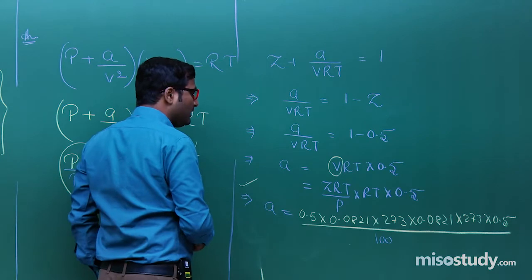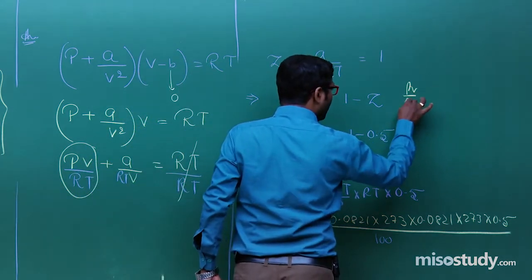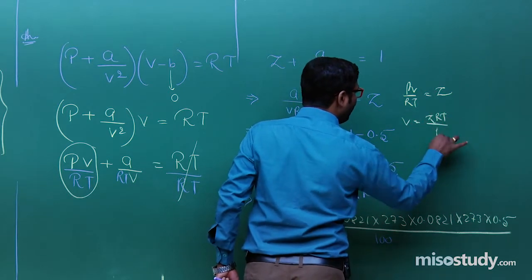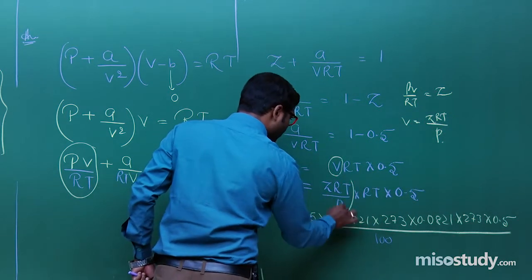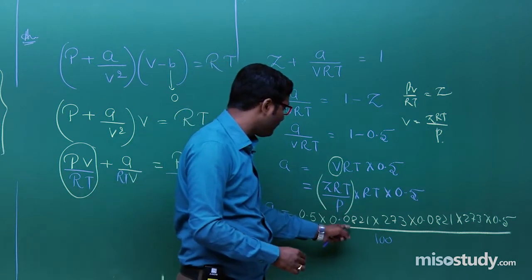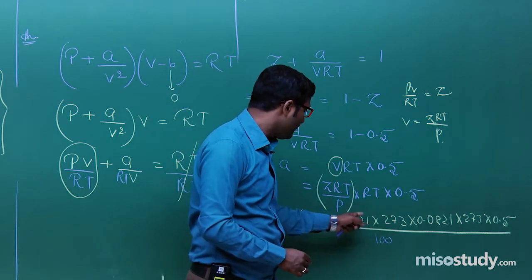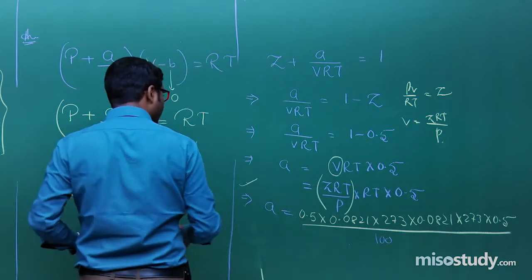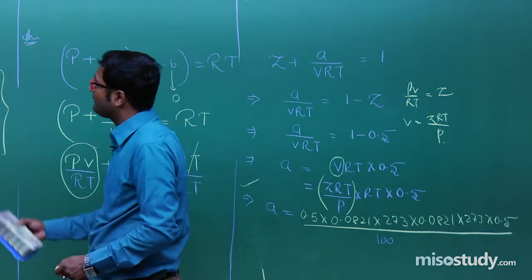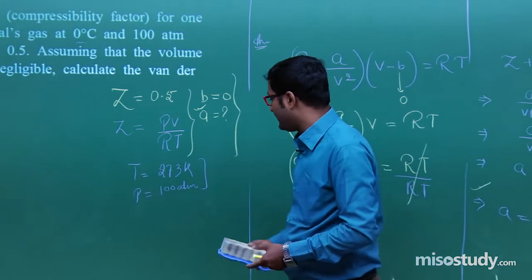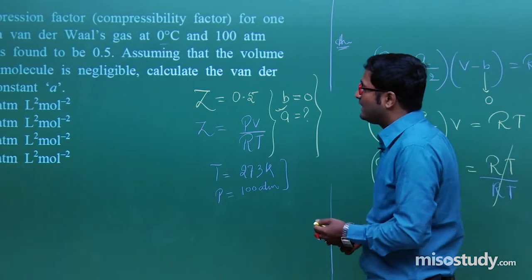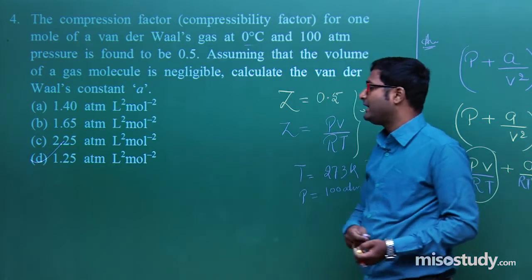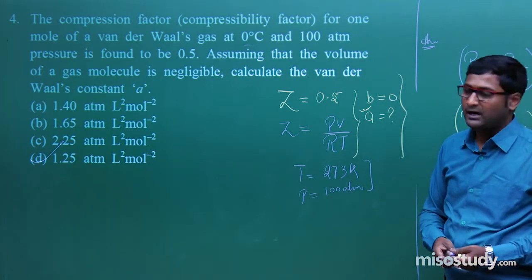We know PV upon RT is equal to Z. Then V is equal to ZRT upon P. Now put the values 0.5, 0.0821, 273, and 0.5 upon P, where P is equal to 100 atm. Now if you solve the expression, you will get the answer, that is 1.25 atm liter square per mole square.